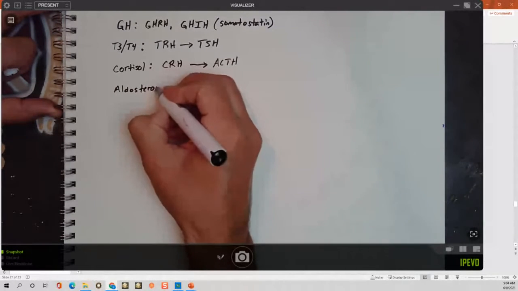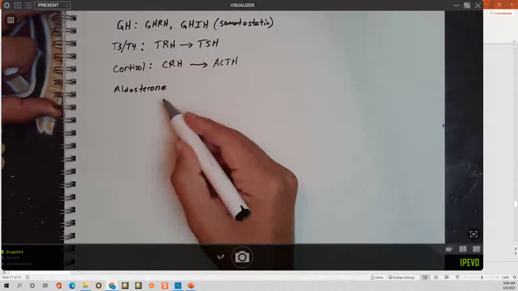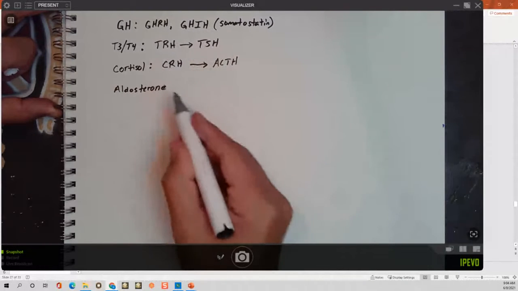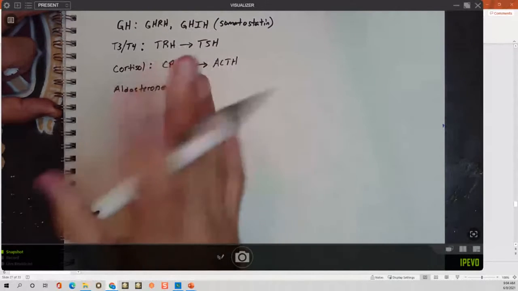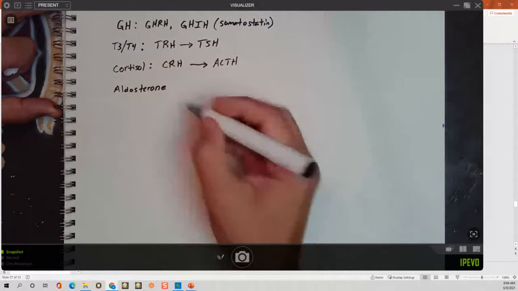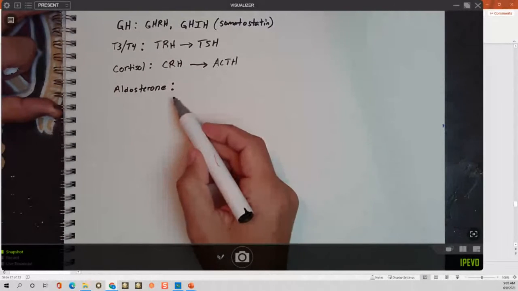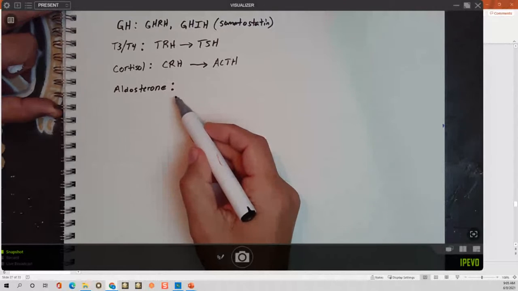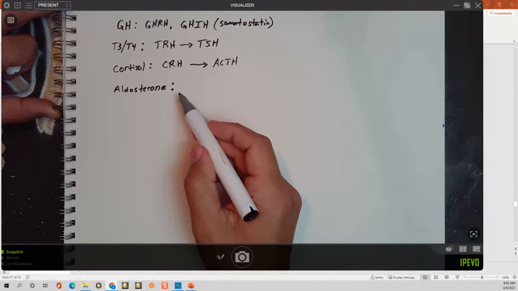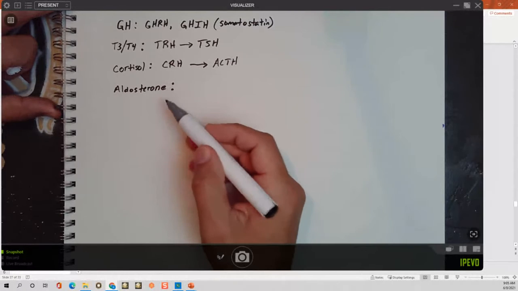Now, aldosterone is a bit of a tricky business because aldosterone is not through the hypothalamic anterior pituitary axis. What did we learn is the function of aldosterone? You guys might need to look back at your notes, or I'll just have to remind you.